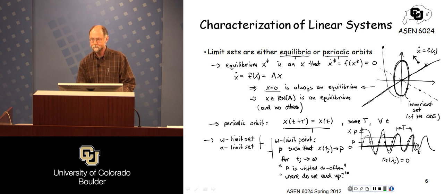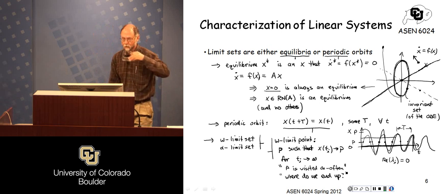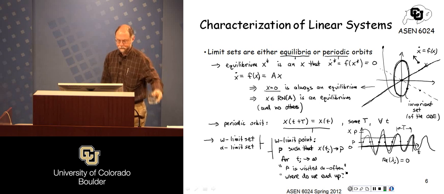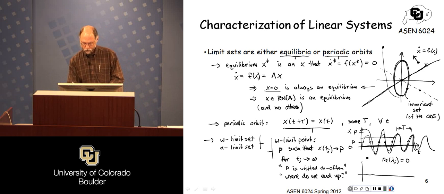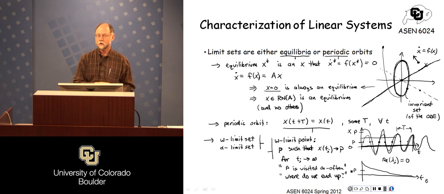Does it have to be an oscillation? Because an exponential decay will in theory never get to that point. Well, let's examine that. If we have this exponential decay that comes down to 0 over time, let's ask the question, is this point P a limit point of that system? No, because after this time here, that solution is bounded away from P, so it certainly doesn't converge to P. In fact, there's only one point here where x would equal P. So it fails that condition.